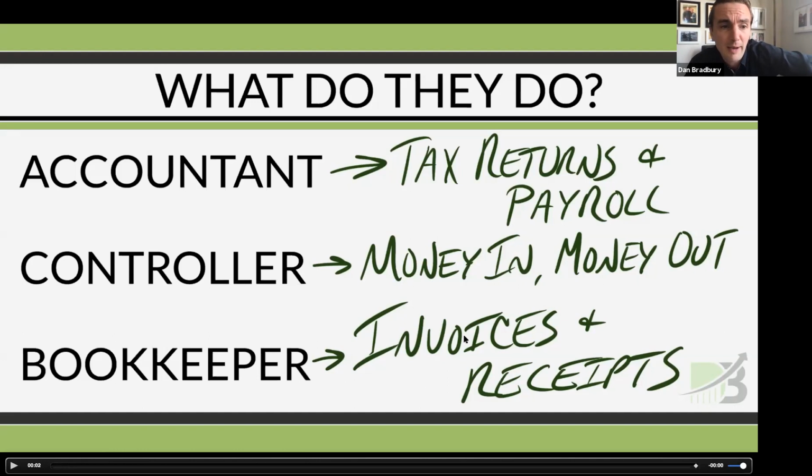Or you have an accountant or a bookkeeper, which normally are pretty poor at collecting money in. They'll sit there all day behind a screen and input the data. But when it actually comes to making the phone call to the client and saying, hey, just wanted to touch in with you.